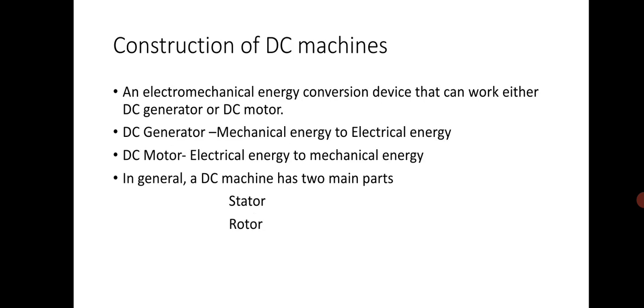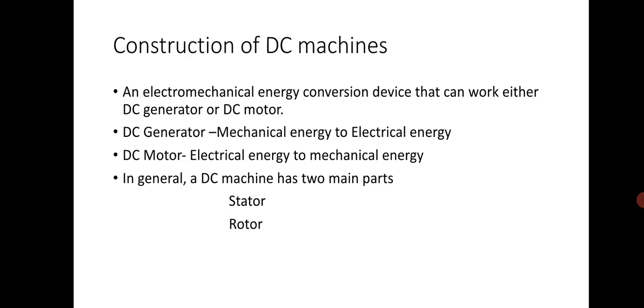Then next we see about the construction. As I told earlier, for this DC machine, generator or motor, the construction is the same but the operation is different, right? It is an electromechanical energy conversion device that can work as either a DC generator or a DC motor.